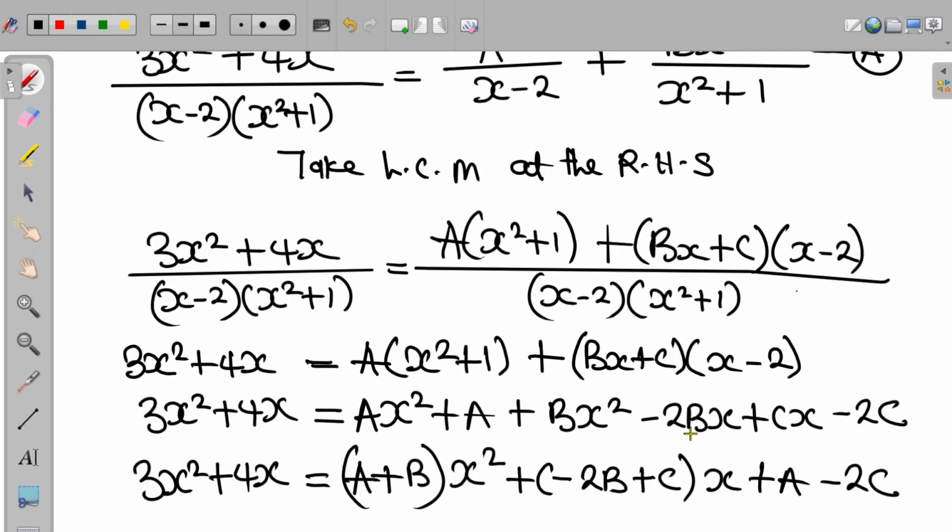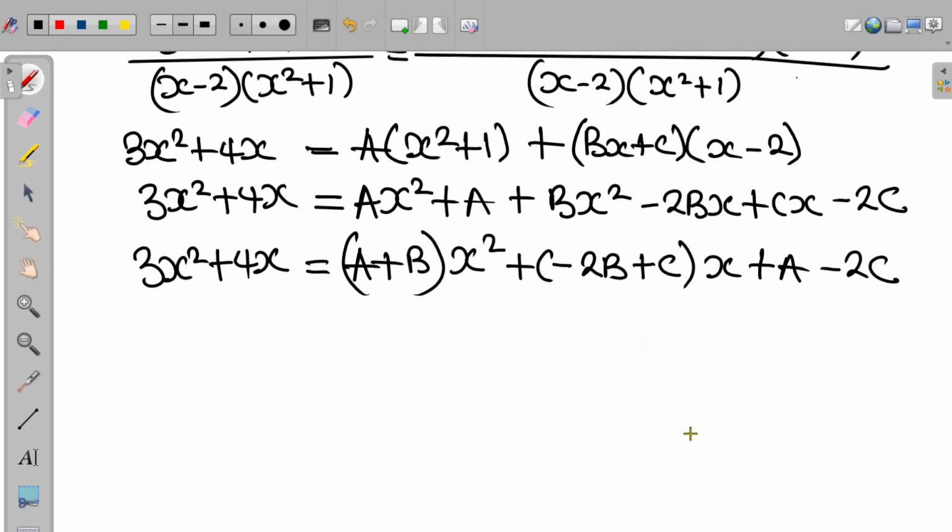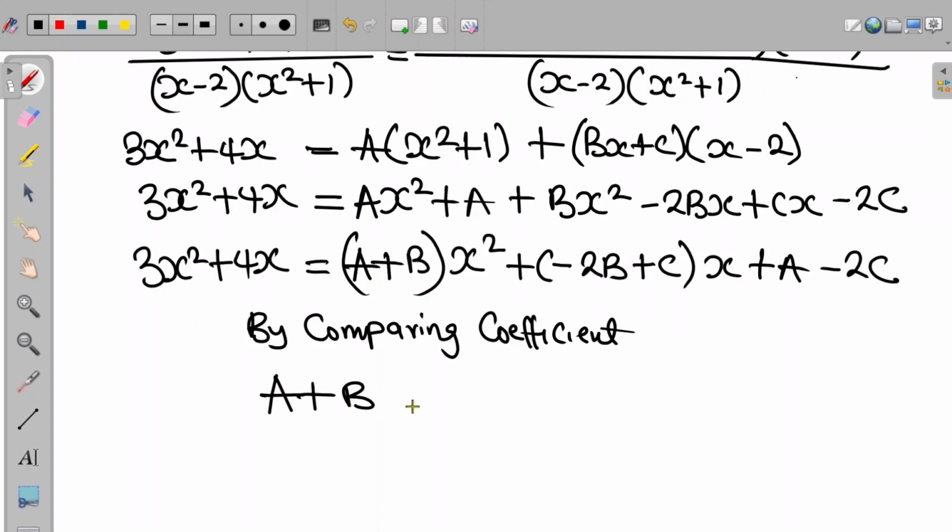To obtain the values of a, b, and c, we have to make use of the comparing coefficient method. Looking at the right-hand side, the coefficient of x squared is a plus b, and at the left-hand side, it is 3. So a plus b is equal to 3. Also, at the right-hand side, the coefficient of x is minus 2b plus c, and at the left-hand side, it is 4.